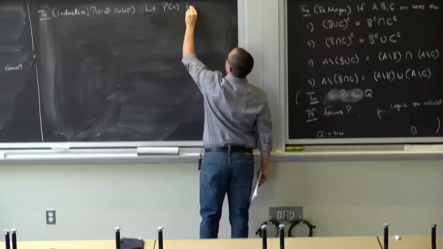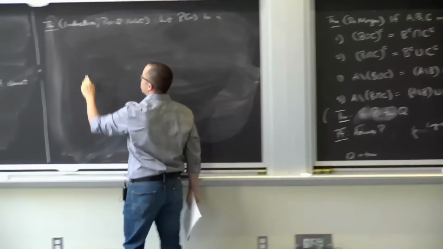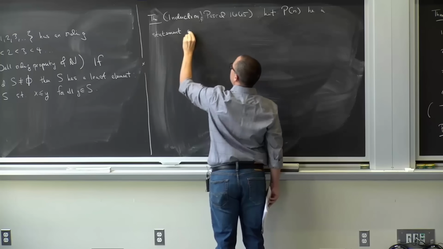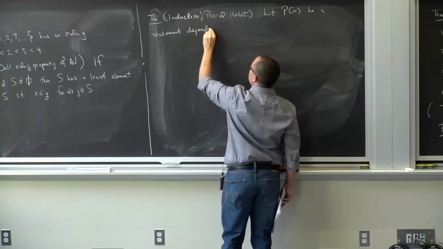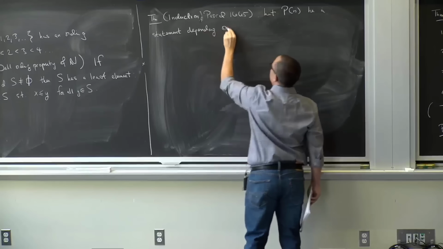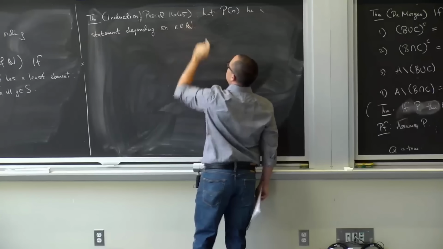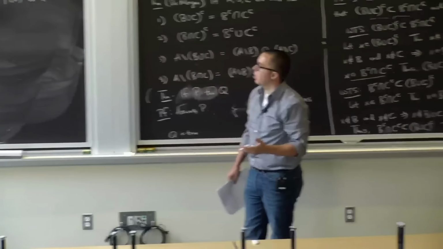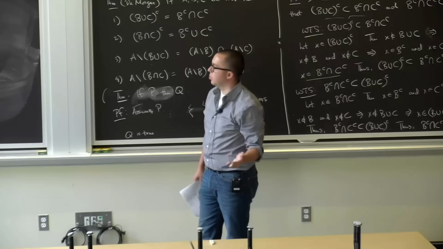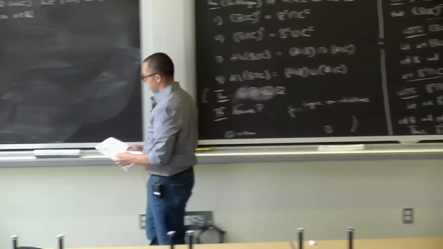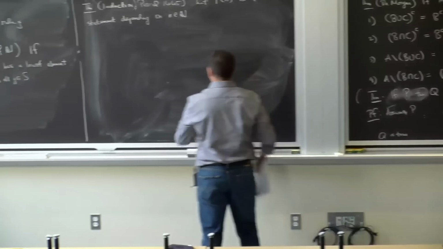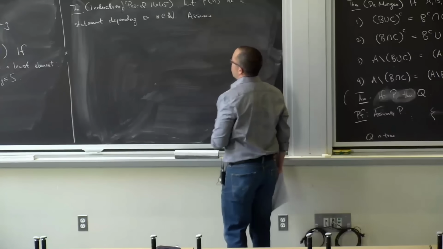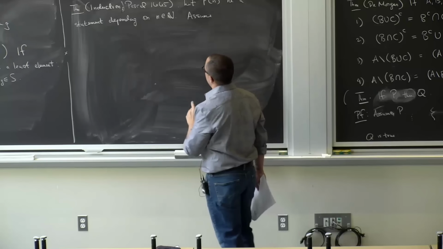Let P(n) be a statement depending on the natural number n. Maybe we have some equality between two quantities that involves a natural number n. That could be our statement P(n). Now what are our hypotheses about this statement?